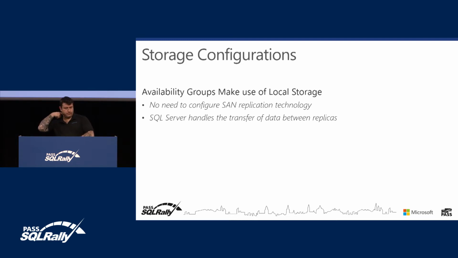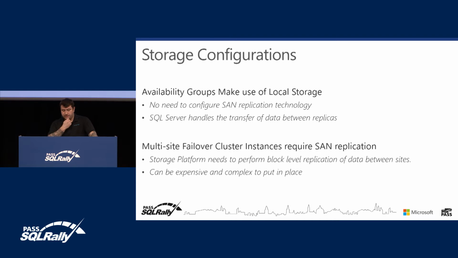Okay. SQL Server will handle the transfer of the data between the replicas. It will send the transaction log traffic over to the replicas. It will be hardening the logs there to get the acknowledgements back. The commit will go back. That's in the synchronous. Asynchronous, as soon as it's committed locally, it says, yeah, I'll deal with the remote stuff. Not a problem. I'll deal with it. Honest.